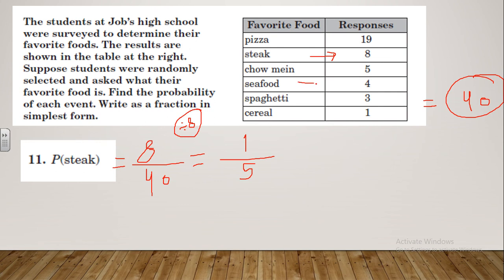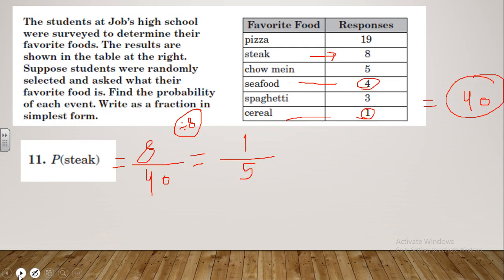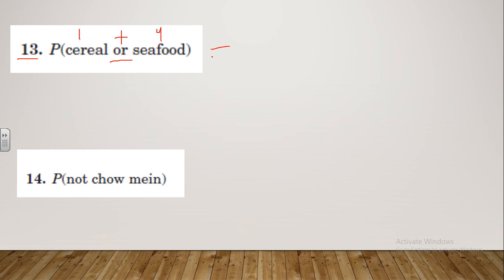Okay, that's the seafood, it will be 4, and this is 1. Let's be sure. Yeah. So here we have 1 plus 4. 1 plus 4 equals what? Equals 5. And the total that we have is 40.